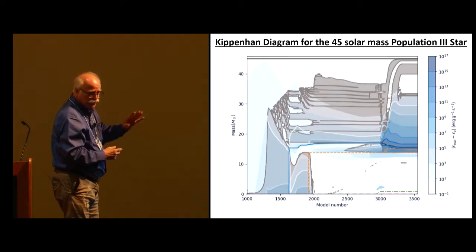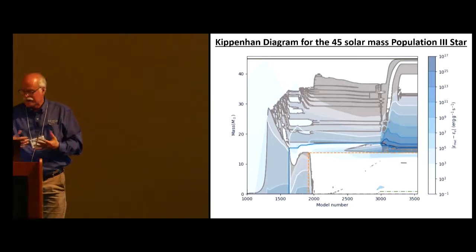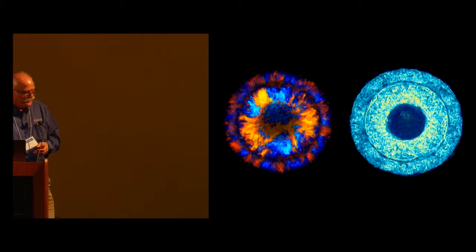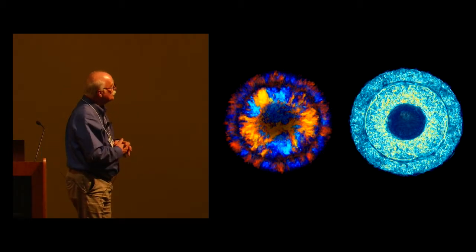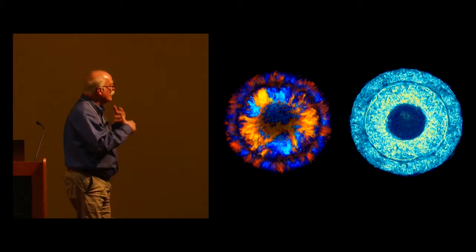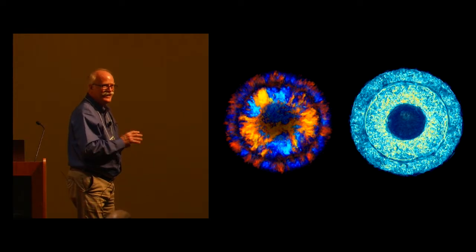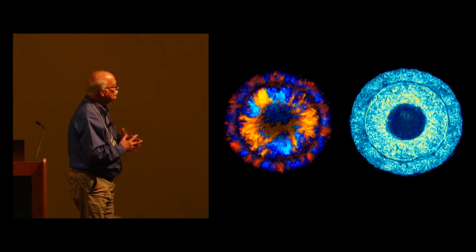And this is what we're planning to study with the enhanced code. If we look at it in space, this is an early test shot at this. The idea is that we're going to go from one convection zone to two convection zones, and expand our grid and do some more stuff.